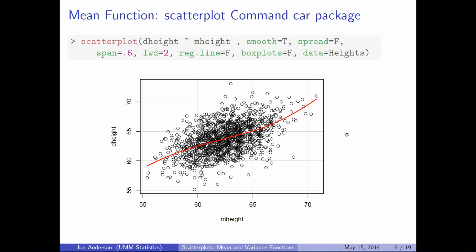From this graph we can see very clear evidence that as mother's heights go up, the corresponding daughter's height also goes up, and it looks like this mean function is almost a linear mean function. It almost looks like the same amount of increase in daughter's height as mother's height increases.